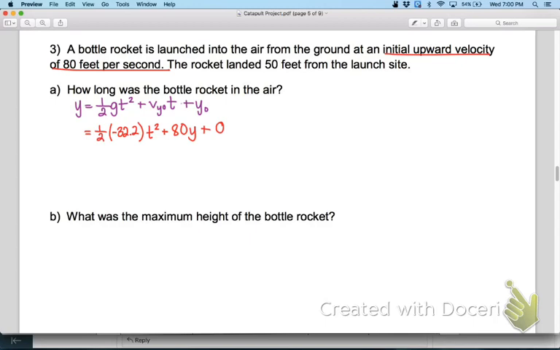Now, in order to solve for t, we have to decide what to make this equation equal to. And so the question is, what height do we want? So if we're trying to figure out the total time that it was in the air, we need to think about what this graph looks like. We're starting at an initial height of 0. We're going to launch the rocket, and as time goes on, it's going to go up, and then it's going to come back down.